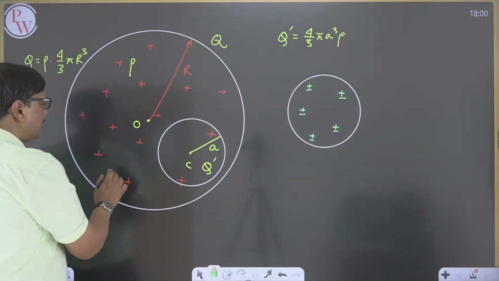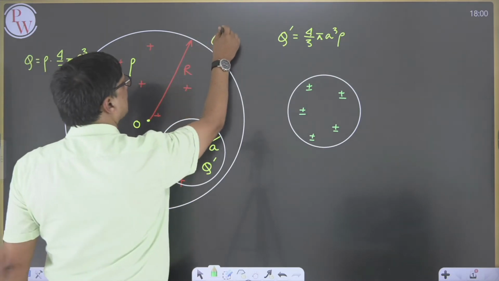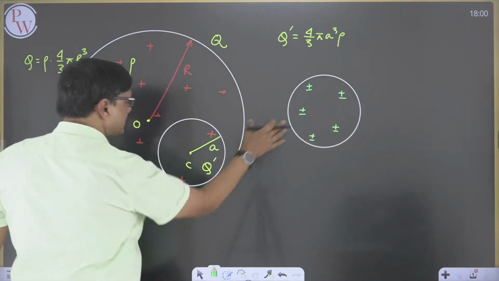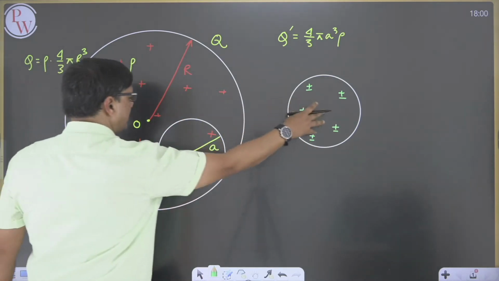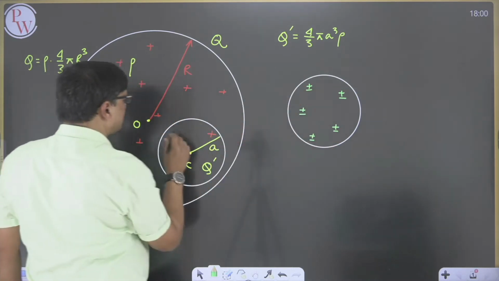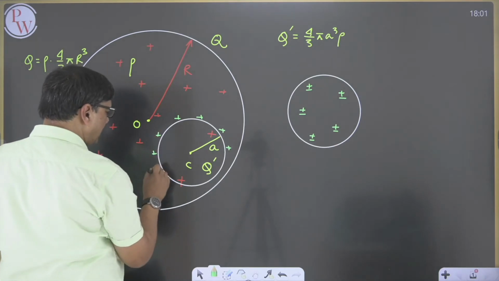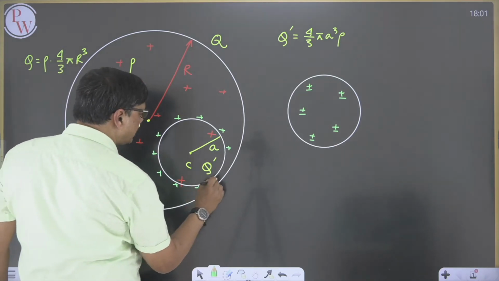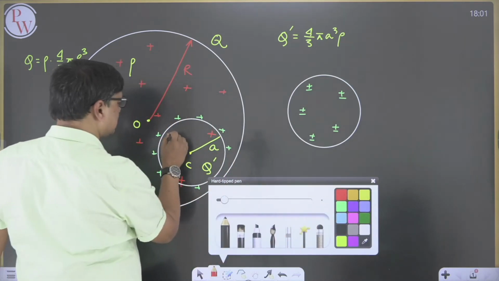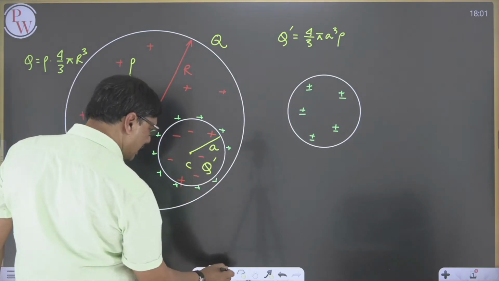So if this Q dash is added over here, that is Q minus Q dash plus Q dash, which is already given as Q charge, then what will happen? If we superimpose this sphere once again on the cavity, then this Q dashed amount of charge will come to this body, and the cavity will contain the negative amount of the same Q dashed charge.